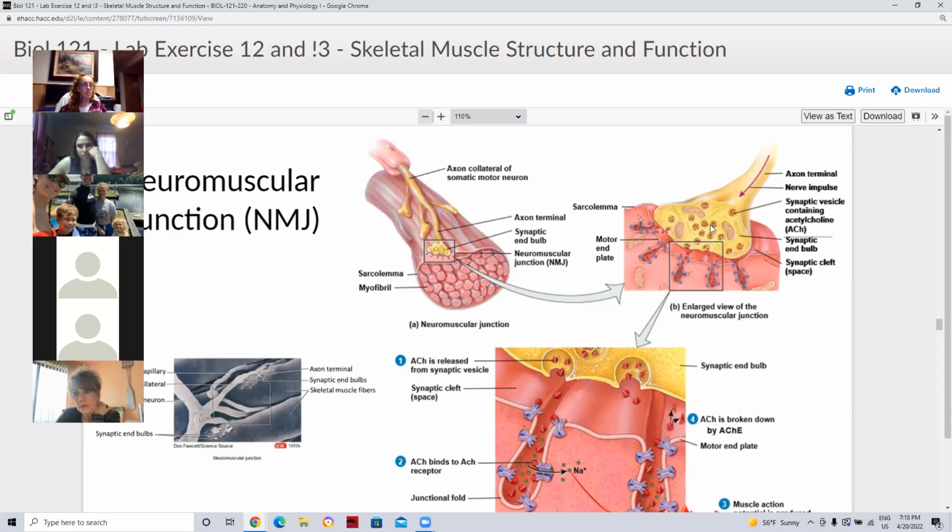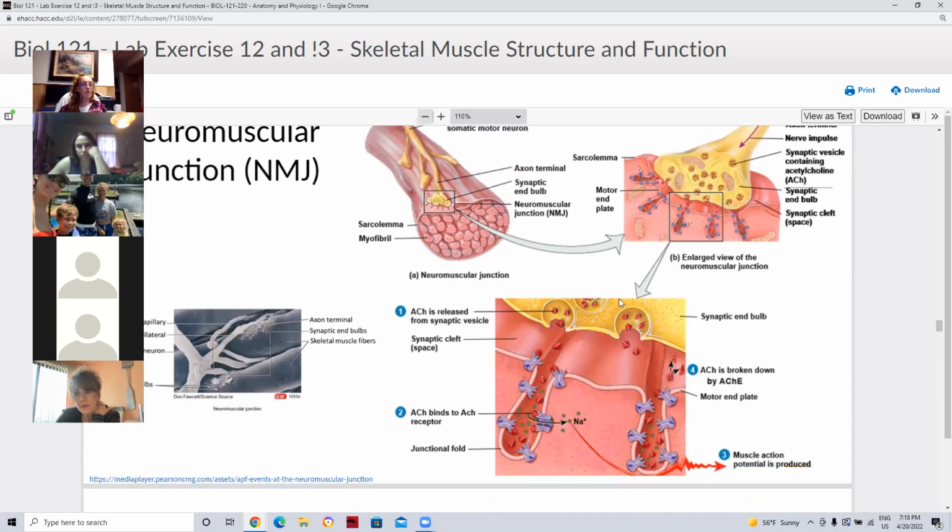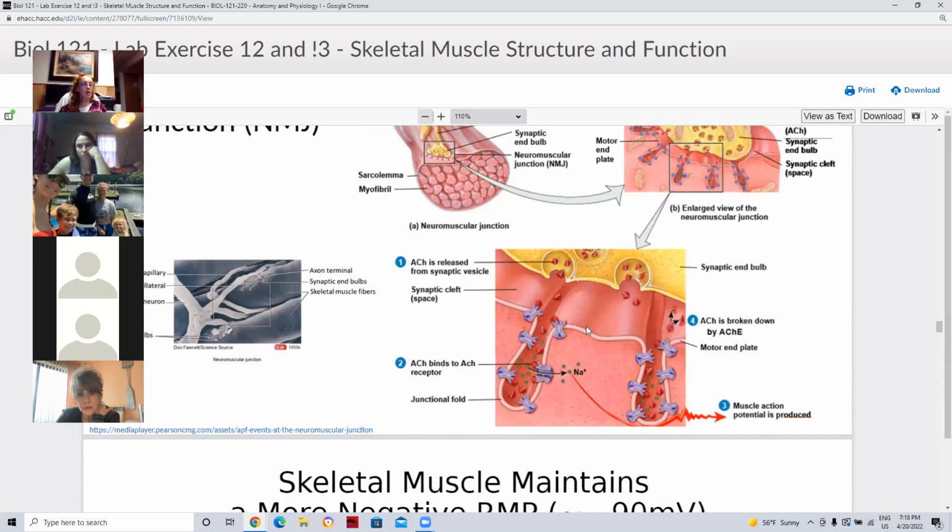Calcium diffuses into the synaptic terminal, and the acetylcholine is then released into the synaptic cleft. The acetylcholine then diffuses across the cleft and binds to the acetylcholine receptor.